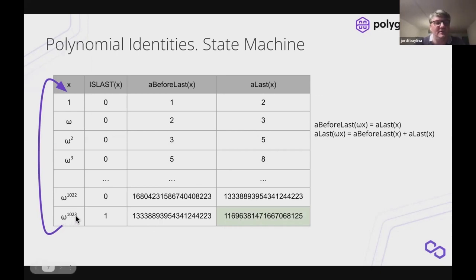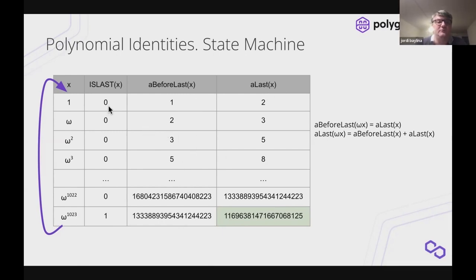W to the 1023 is a root of unity, so if multiplied by W, it is W to the 1024, and by definition of root of unity, this is going to be 1. So this is cyclic, and this relationship must also hold between the last row and the first row. So I need to modify these relationships to take into account that the last row combines with the first row.